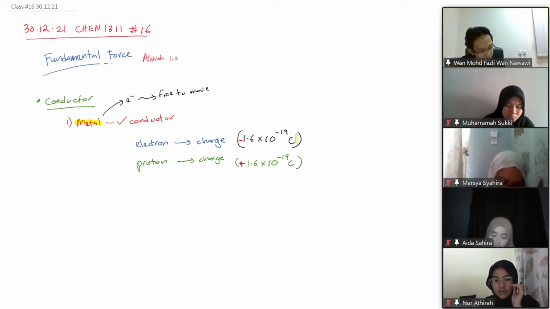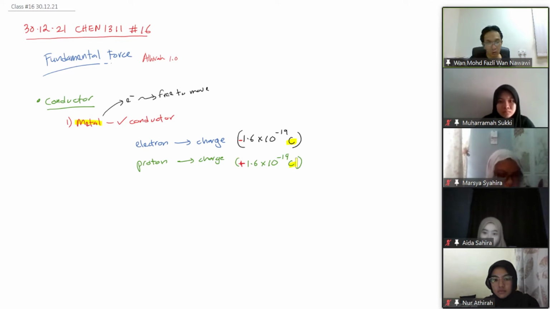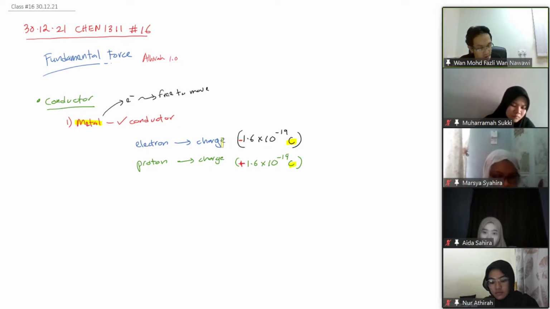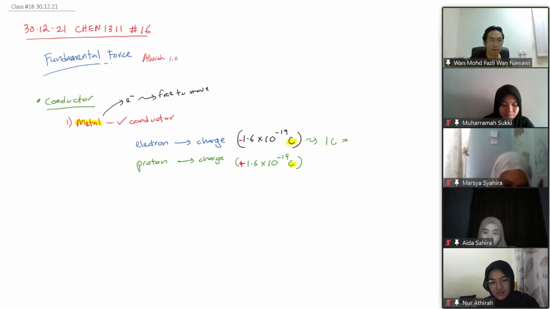So you might ask, what is this Coulomb? Coulomb is the SI unit for charge. If one electron has 1.6 times 10 to the power of negative 19 Coulomb, then for 1 Coulomb, you just divide 1 by 1.6 times 10 to the power of negative 19, in order to get how much electron.